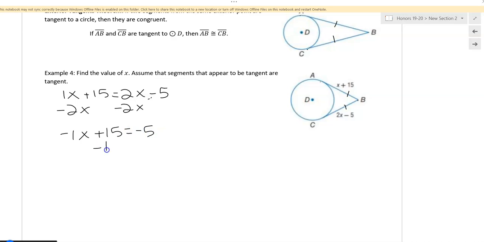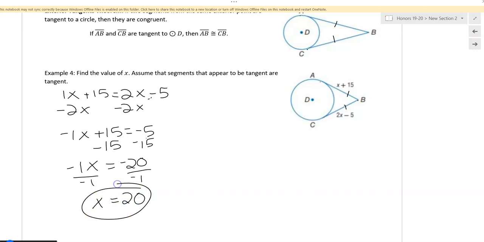Subtract 15. Negative 1x equals negative 20. Divide by negative 1. X equals 20.